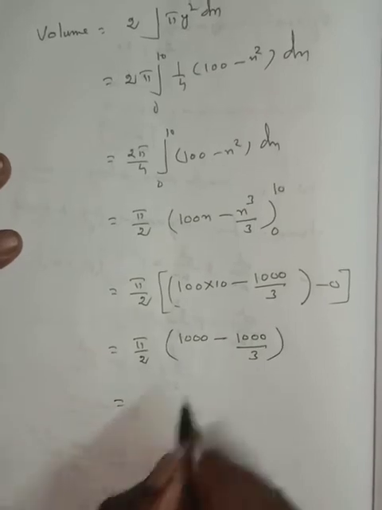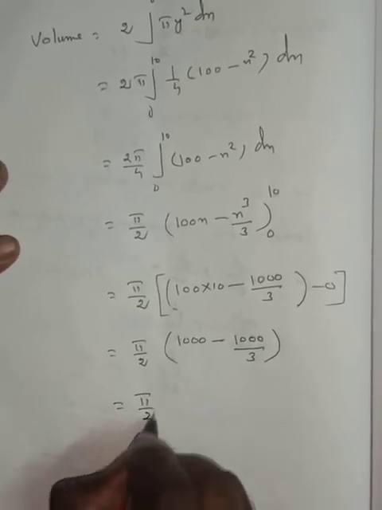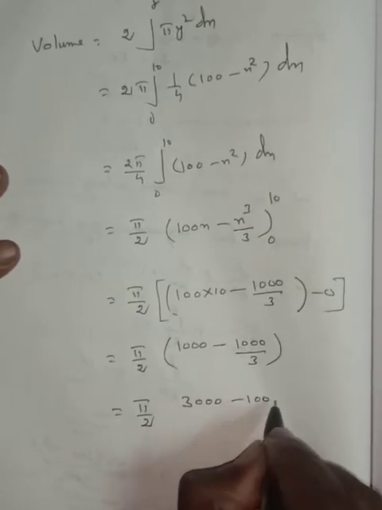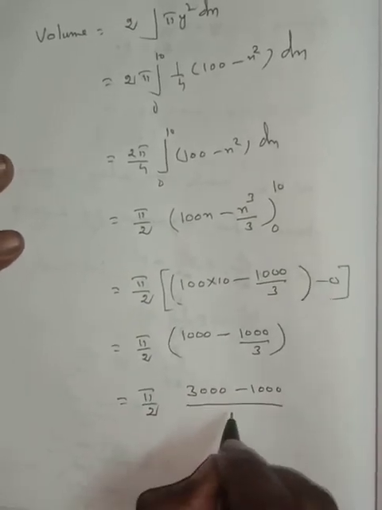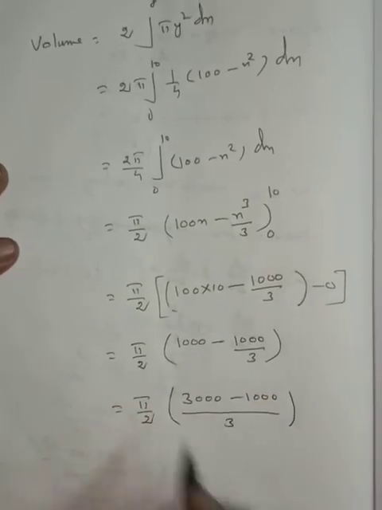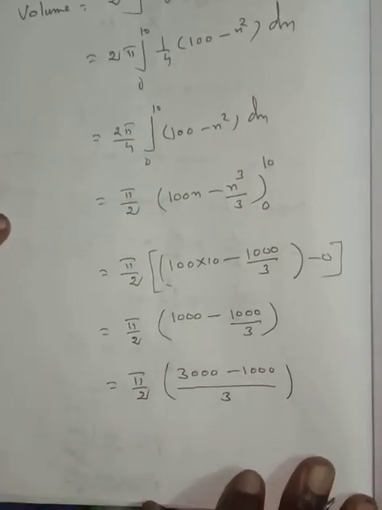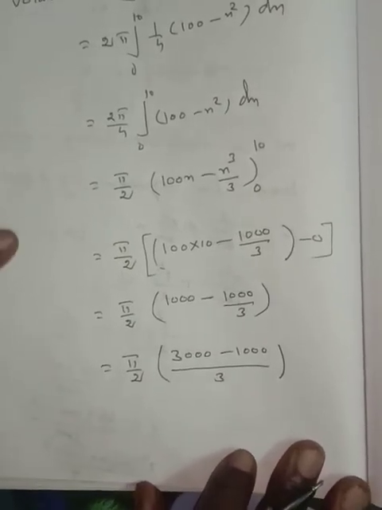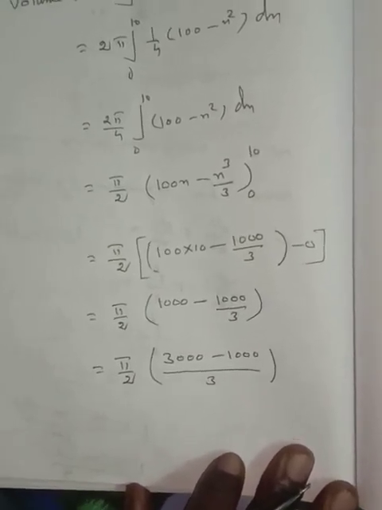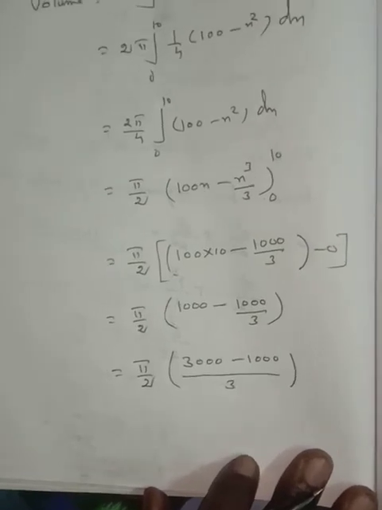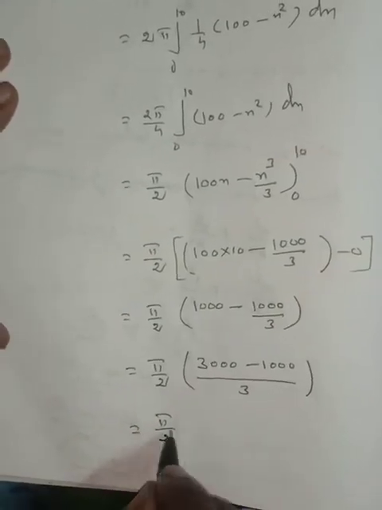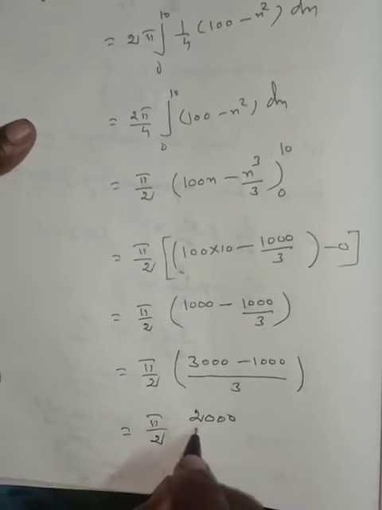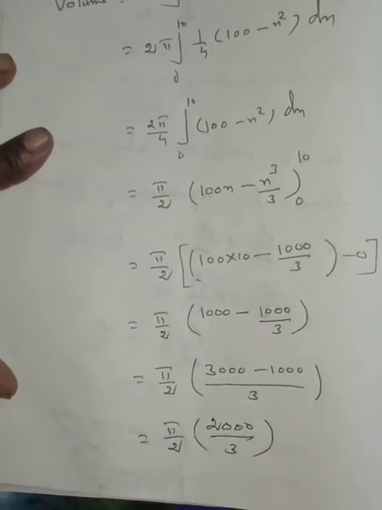Taking LCM we have pi by 2 (3000 minus 1000) divided by 3, is equal to pi by 2 into 2000 divided by 3.